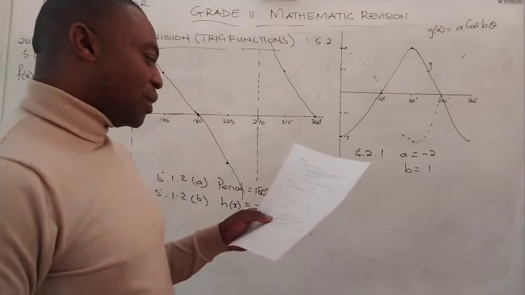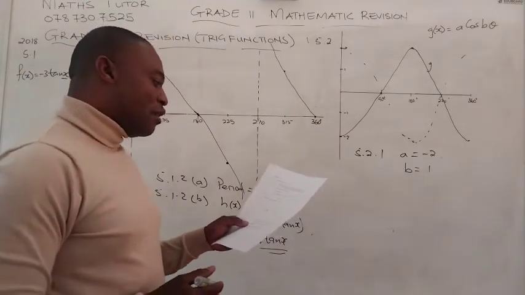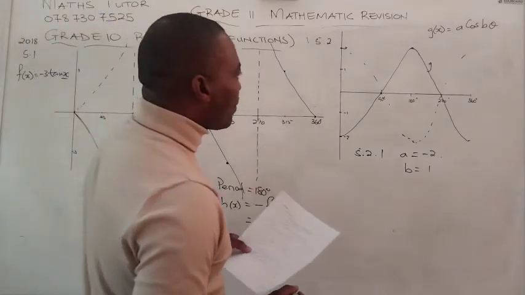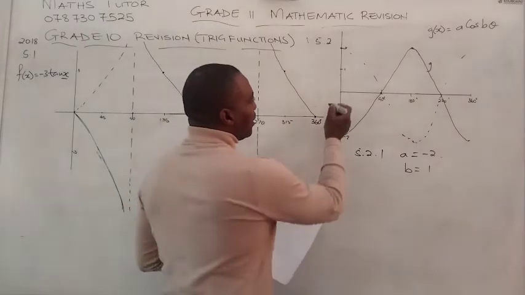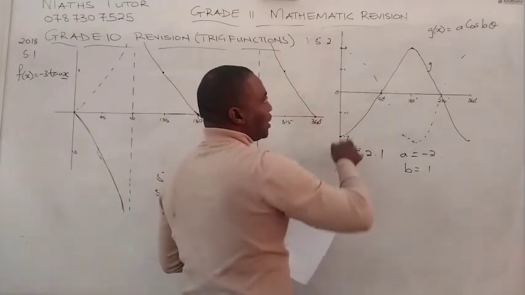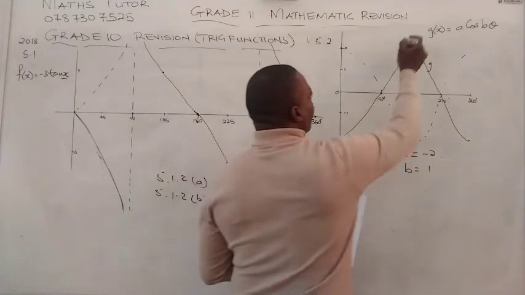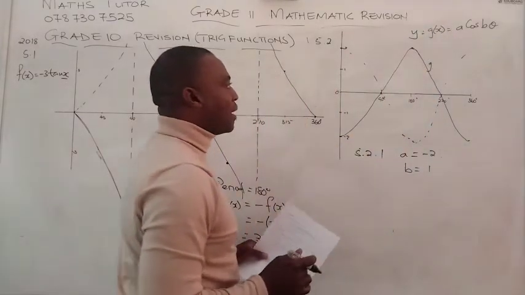5.2.2, use the graph to determine the values of x for which g of x is greater than 0. Now, when we say g of x is greater than 0, remember along the y-axis, or along the g of x axis, g of x is the same as y.